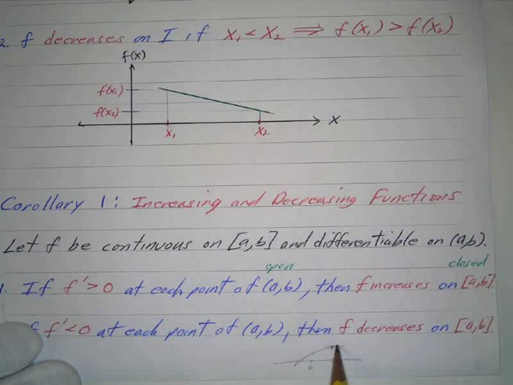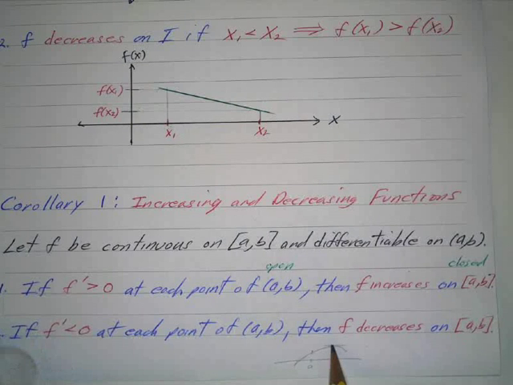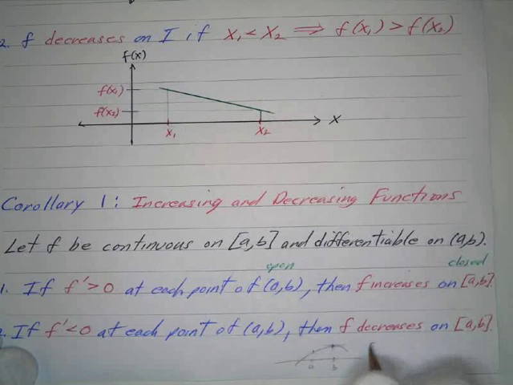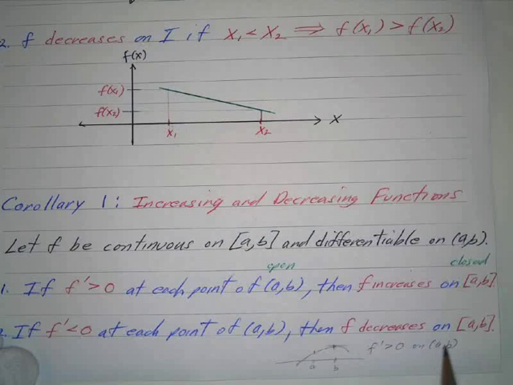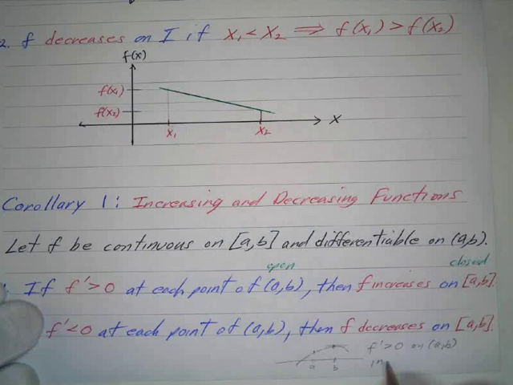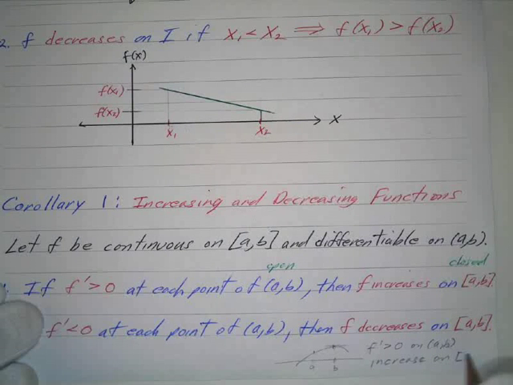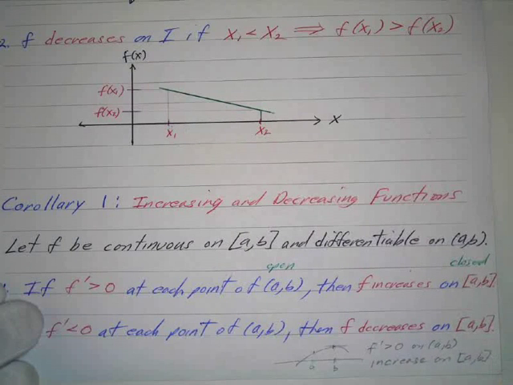So here my slope is 0, you see. Even though f prime is greater than 0 on the open interval (a, b), even though it happens to be equal to 0 at B, we still say that it's increasing on the closed interval [a, b]. So that's all I'm trying to illustrate.